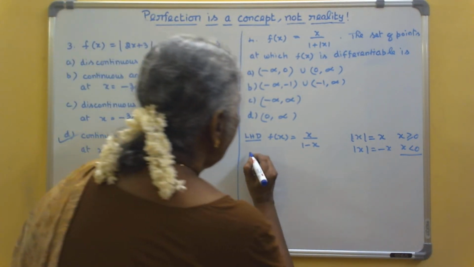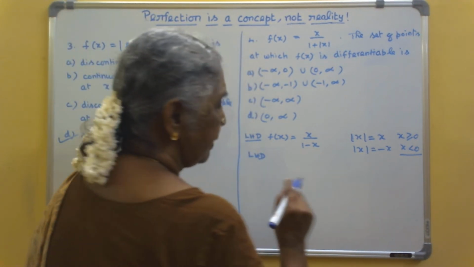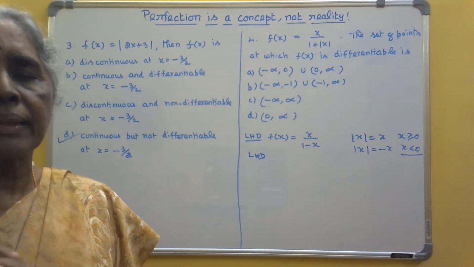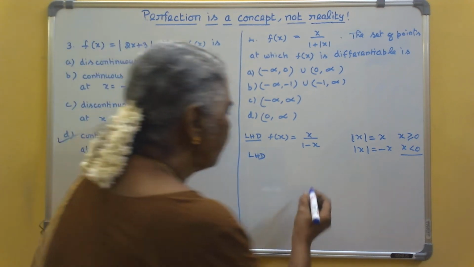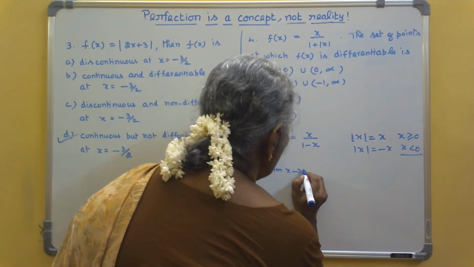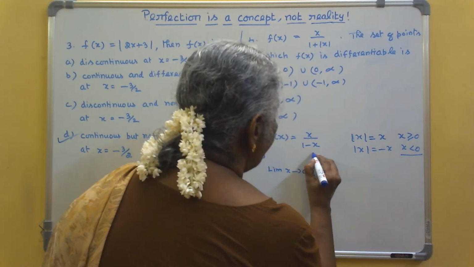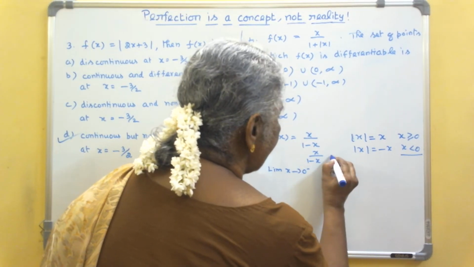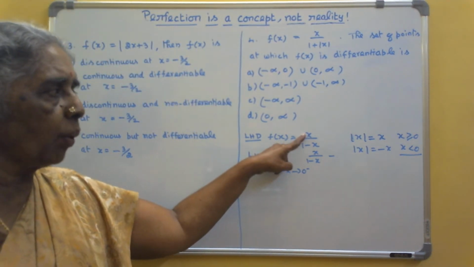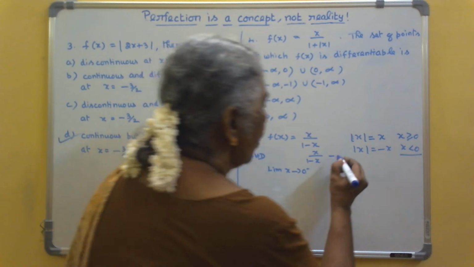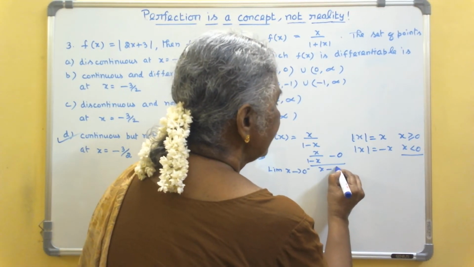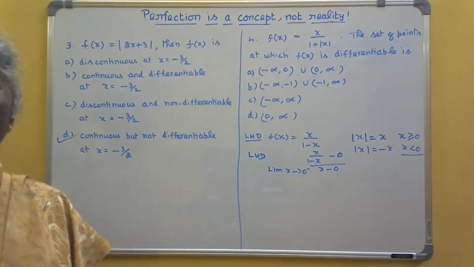Now let me find the LHD, that is (f(x) - f(a))/(x - a), x tending to a. a is 0 here. So I will write limit x tending to 0 minus, x/(1 - x) minus f(a). Put x = 0, 0/(1 - 0), so I will get 0, over x - a, so x - 0, correct?